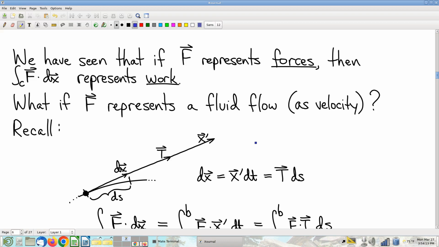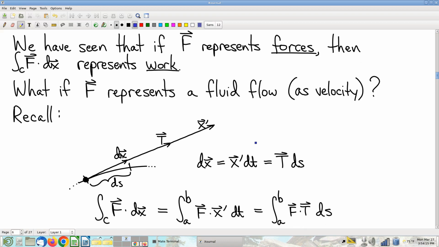Okay, now we have a conceptual discussion to have here. We've only done one application so far of this expression, this vector line integral. Well, this vector line integral is useful for a lot of other things. And the next example I want to give, I think, is a pretty easy segue.